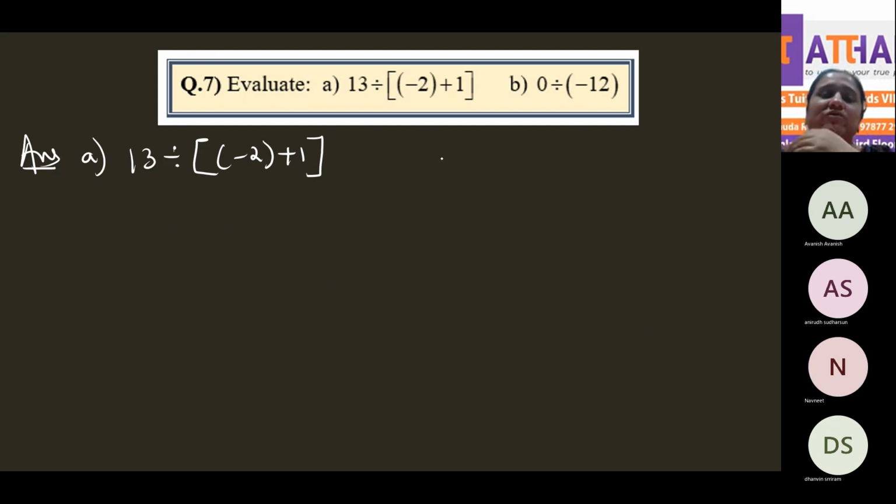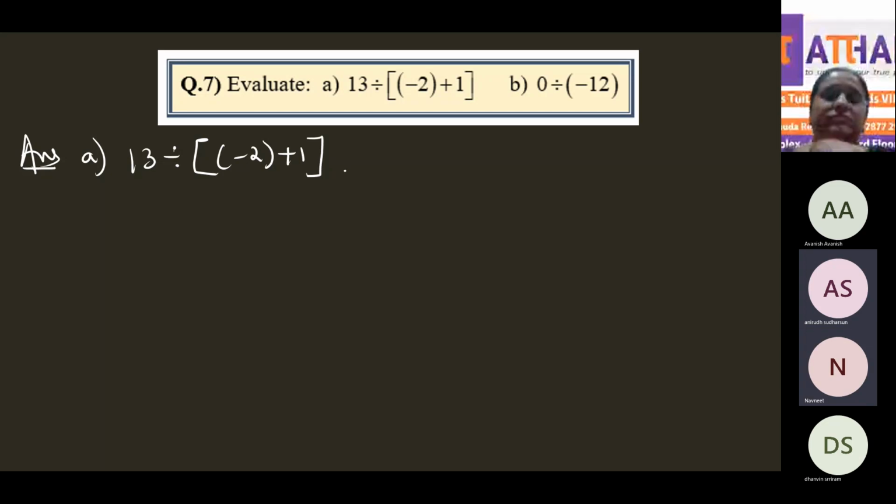Out of 10, Avnish got 9, Anirudh got 8, and Navneet has got 7. It's not 9 marks out of 10. I've rated your understanding with the help of your answers. I'll give the papers in the next class.